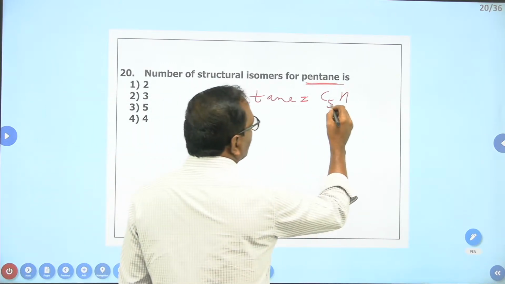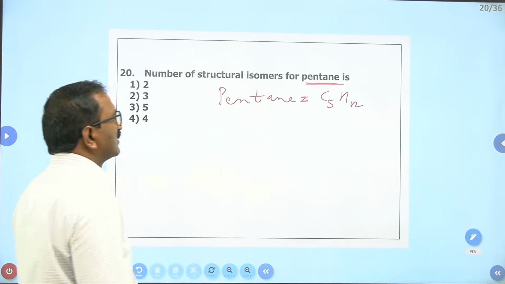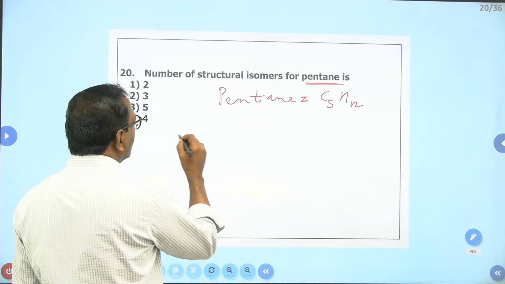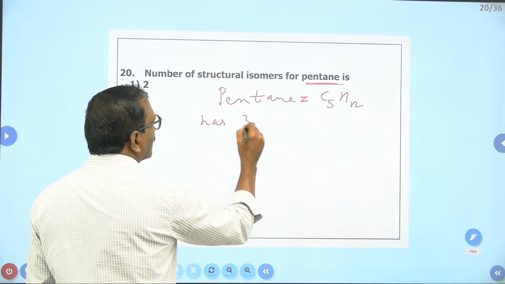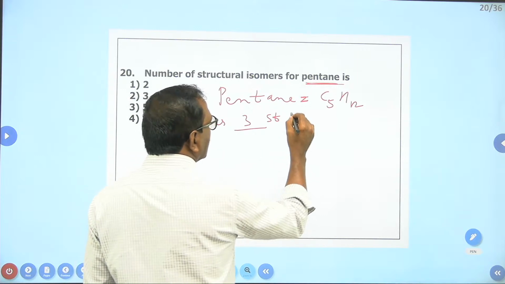Hence the molecular formula C5H12 you are going to get. This is pentane. How are we going to get the number of structural isomers now? Pentane has 3 structural isomers.